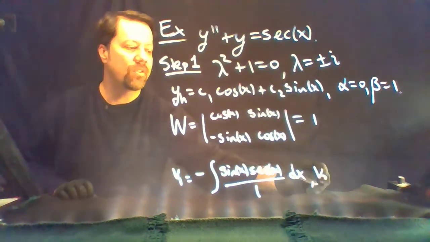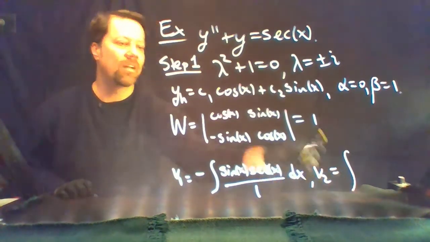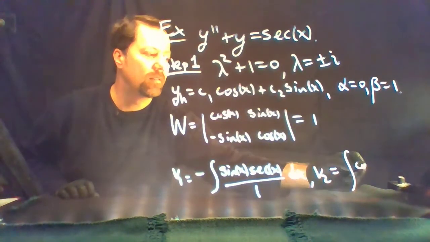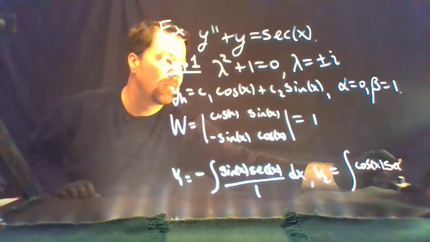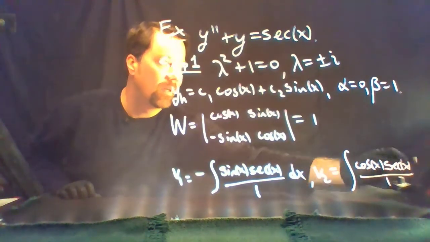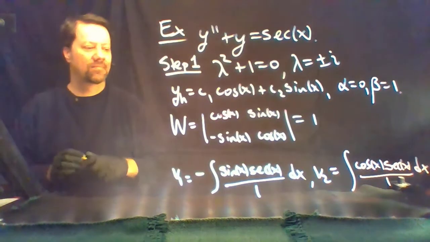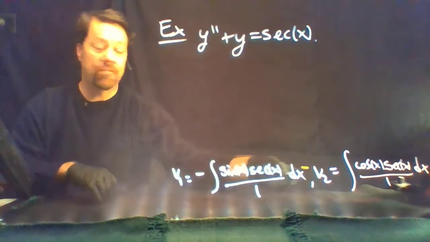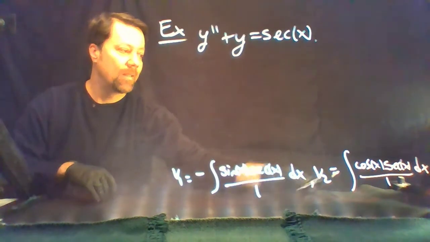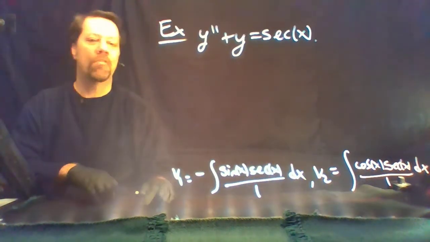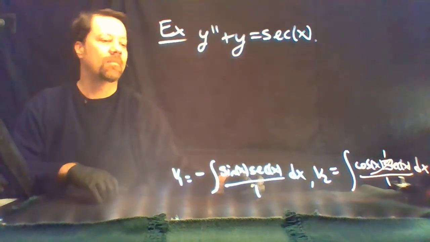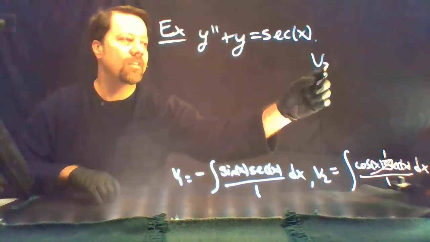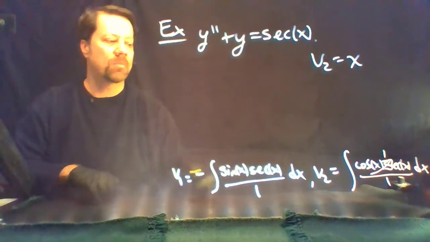And v2 is plus the integral of y1 times f divided by 1. v2 is particularly simple. Secant is 1 over cosine, and so the integrand reduces to just 1. It follows then that v2 is simply x.